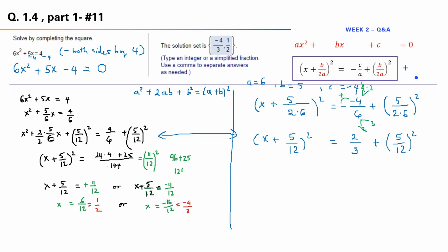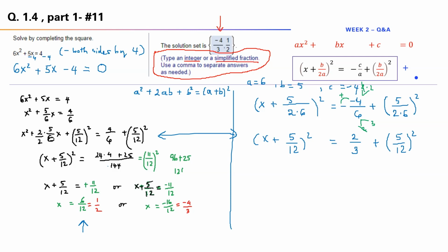And also, when you have the answer in here, I have 6 over 12, make sure you simplify it, because when you're looking at this part in MATLAB, it is always telling you what they want you to fill in the answer box. Here they said try an integer or a simplified fraction.